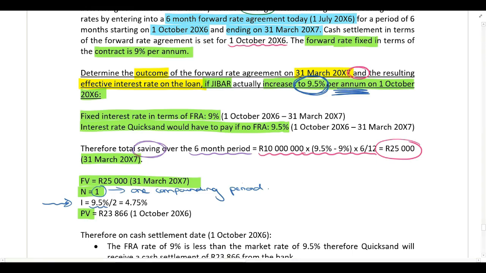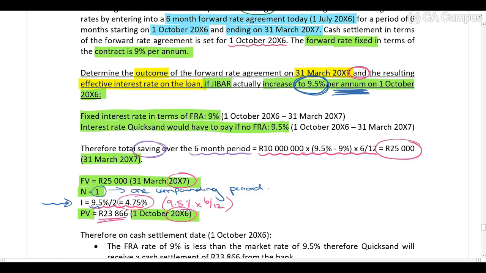We are only dealing with a 6-month period over here. So you just need to calculate what the interest rate is for a period of 6 months. So either you can just divide by 2, or you could have said 9.5% times 6 over 12. Just get the interest for a 6-month period.